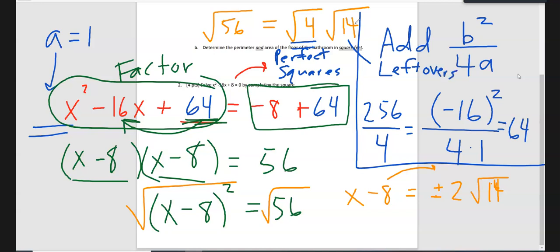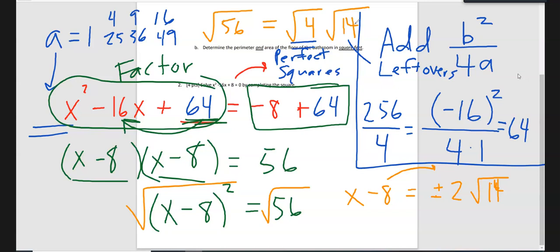I don't know what the rest of the world calls them, but I call them leftovers. I look through my list of perfect squares: 4, 9, 16, 25, 36. These are all perfect squares, and if I needed to go further, I would, but I'm looking for numbers that go into 56. So they have to be perfect squares.